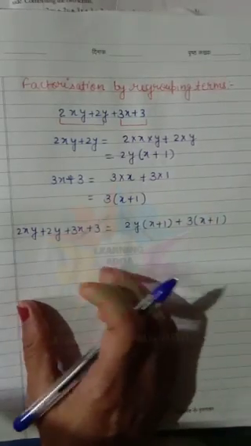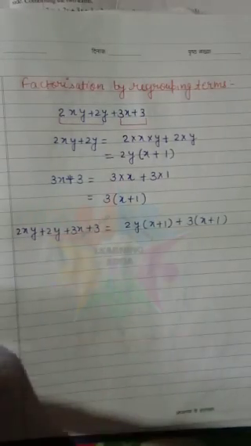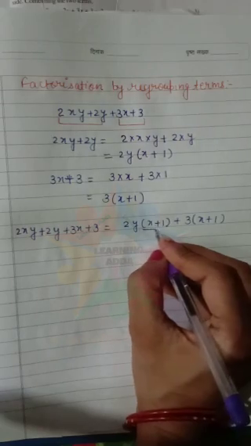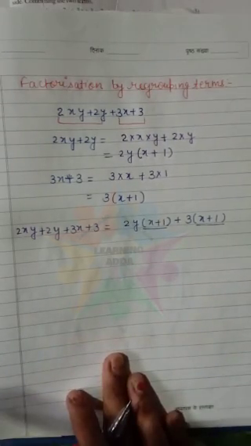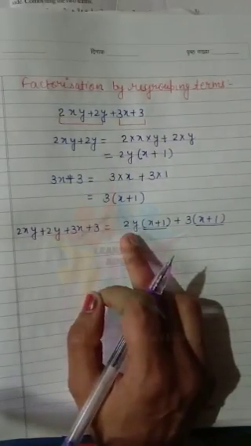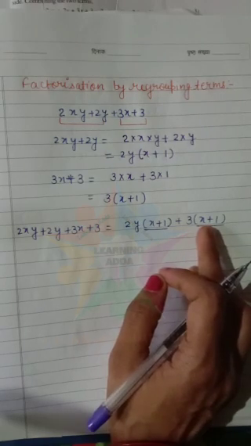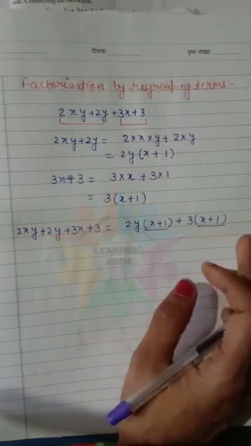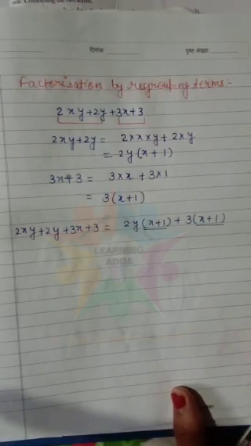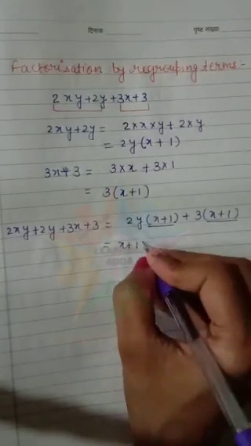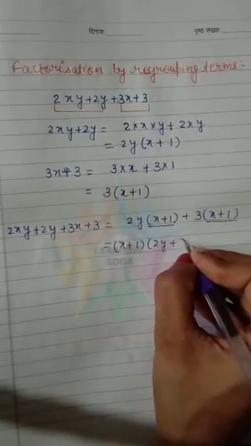We observe that now we have a new common factor. The common factor is x plus 1 in both terms. Now combining these terms, x plus 1 is common. Then we get 2y plus 3.